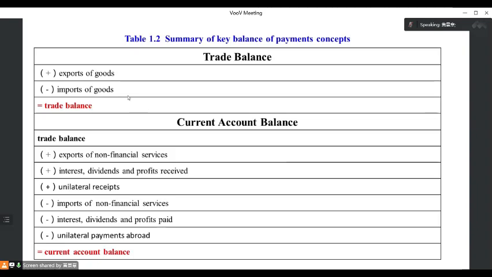Equal trade balance. We should know, for example, that there are two countries trading with each other.